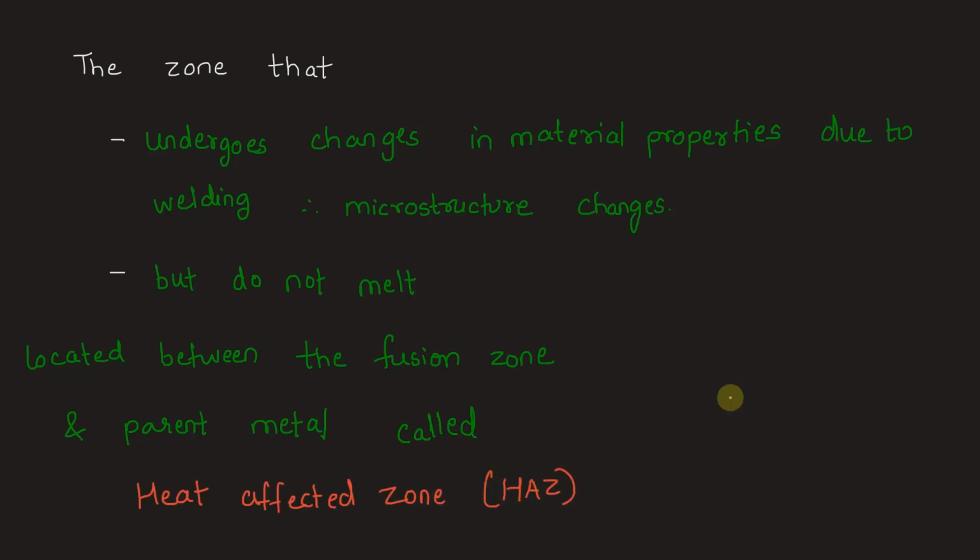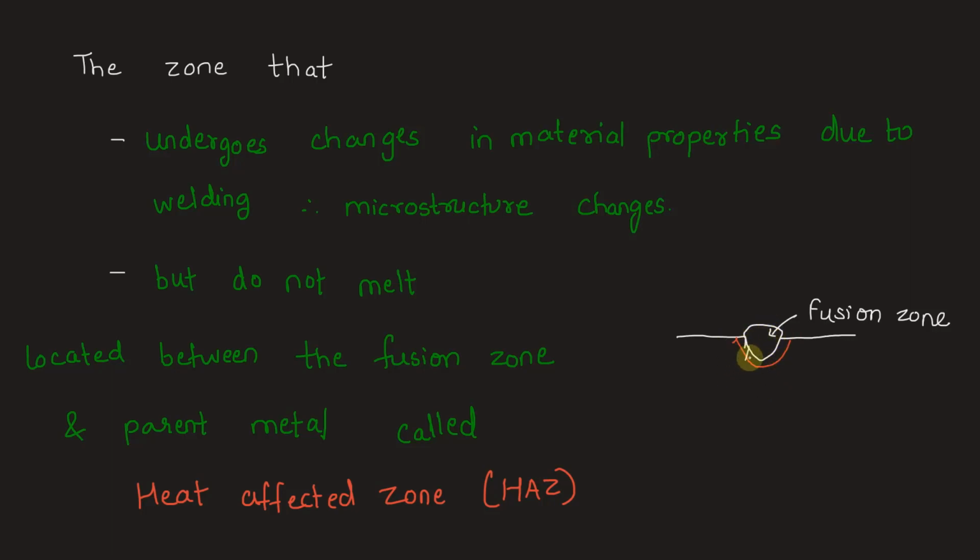If you look at it in a diagram form, we clearly see that this is the fusion zone where the welding material is deposited and it creates the joining of two metals, and this one here is the heat affected zone, a small part where microstructure changes happen but which does not melt. This is the part that will melt, the fusion zone.